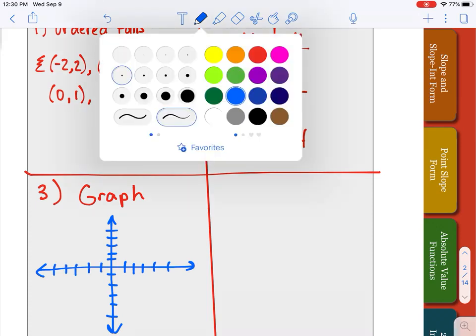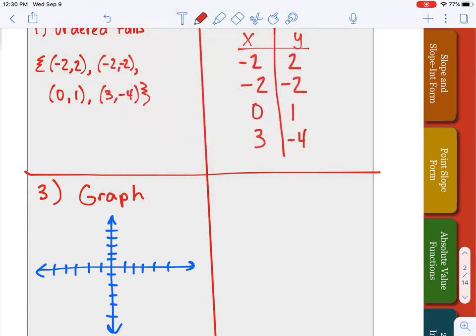So I go ahead and graph my points. -2, 2. -2, -2. 0, 1. And 3, -4.